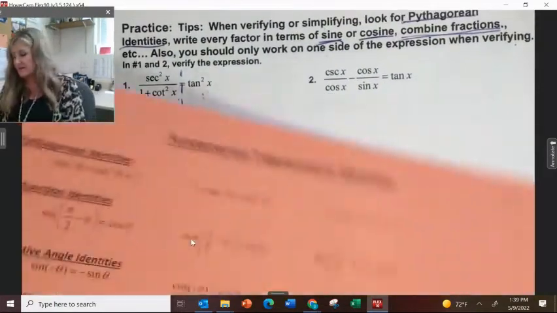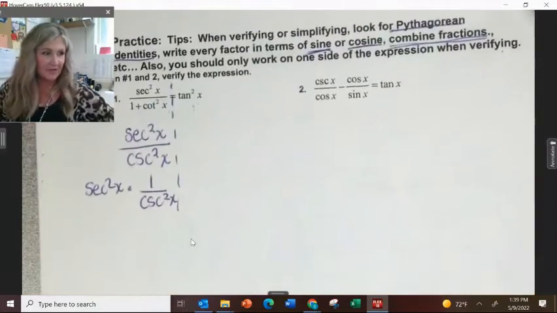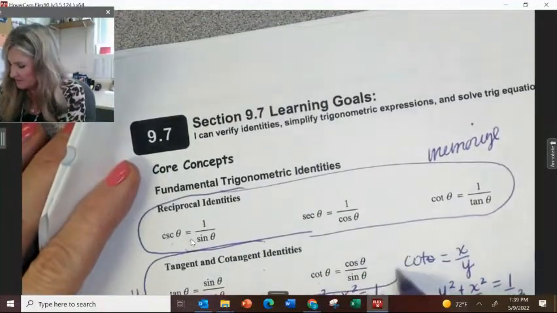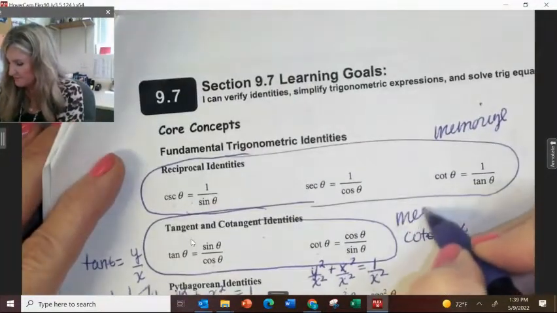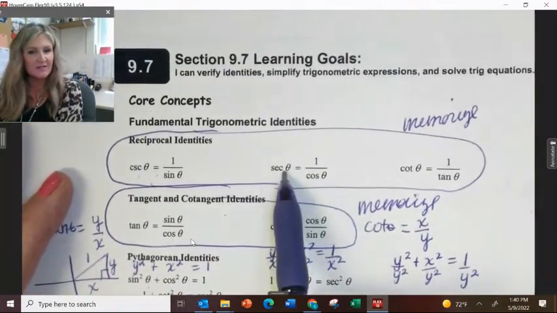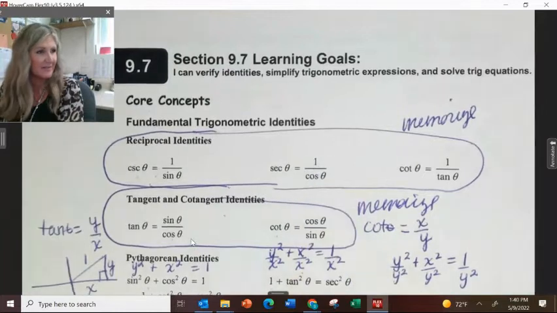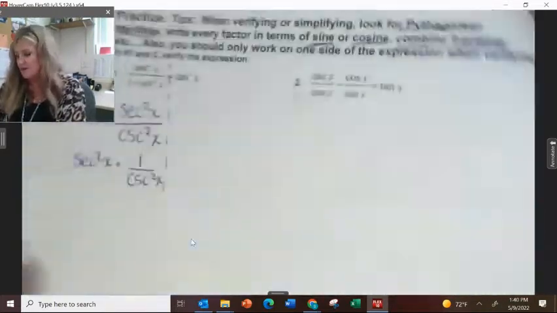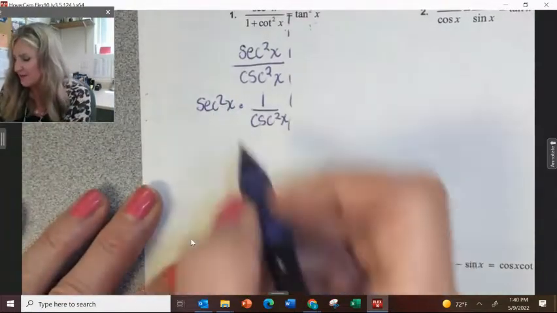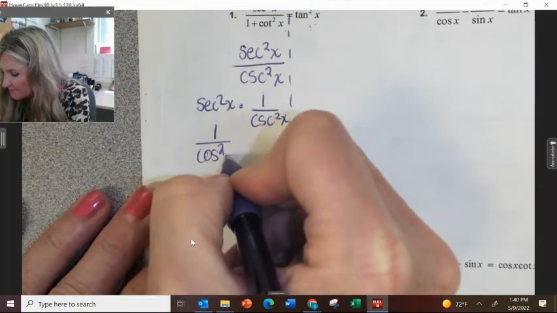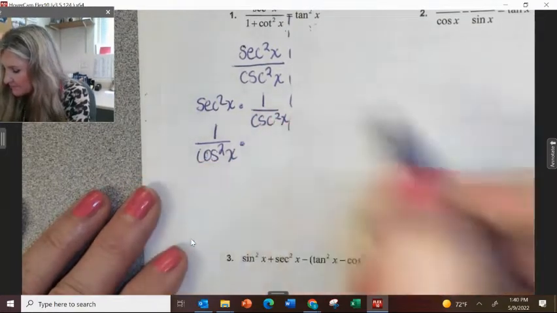Now, that's one of these that's not going to be on the orange paper that you have to know. So this is the other thing we have to memorize. All right, guys, so what is secant squared theta going to be the same as? 1 over cosine. So this secant squared right here can be replaced with 1 over cosine squared x.